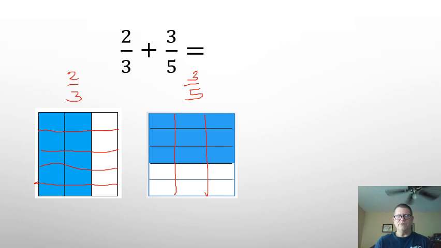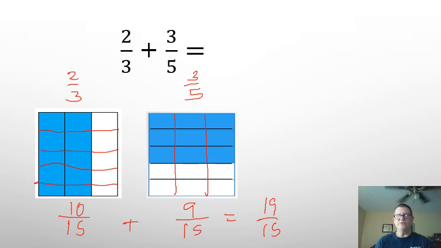And you notice that this is doing nothing more than creating an equivalent fraction for us. We can see this array here is a 3/5, so we know our denominators are going to be 15. Now the shaded, we have 2/3, so that's going to be 10 on this side. And over here we have 3/5, so that's going to give us 9. When we add them together, we're going to end up with 19/15.